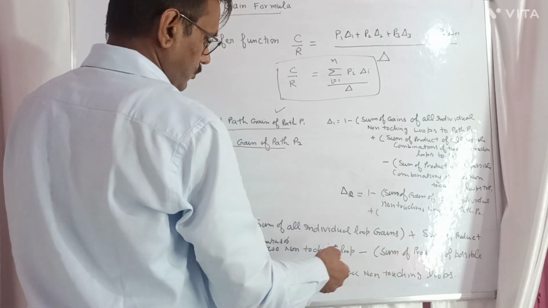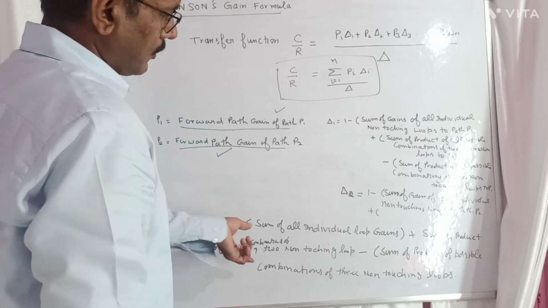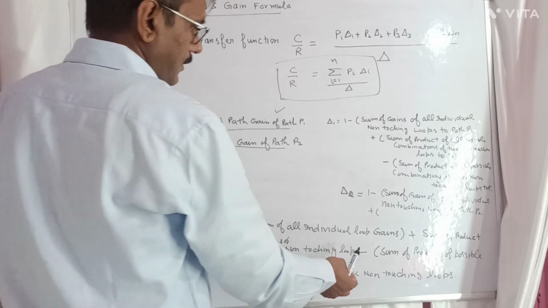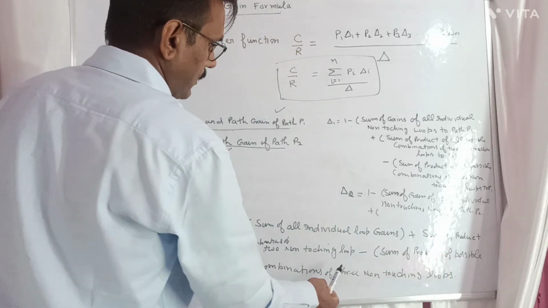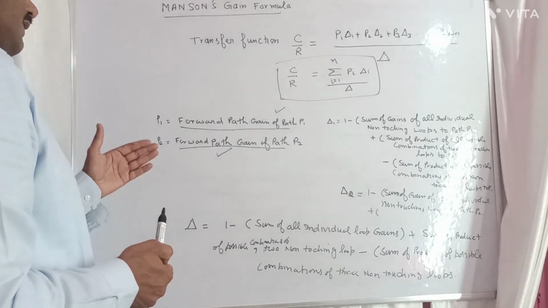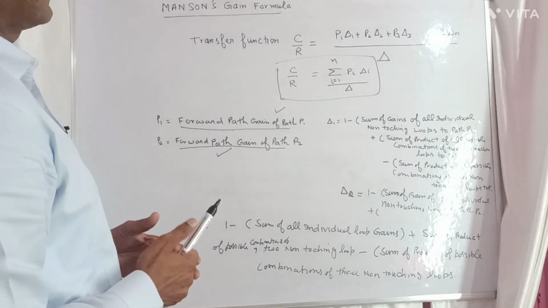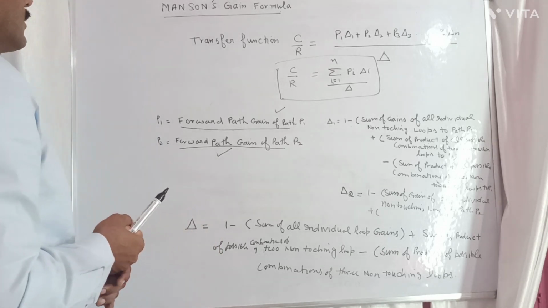Make combinations of two non-touching loops and take their sum. Then minus sum of product of all possible combinations of three non-touching loops. So in this method we can calculate the transfer function of a control system.